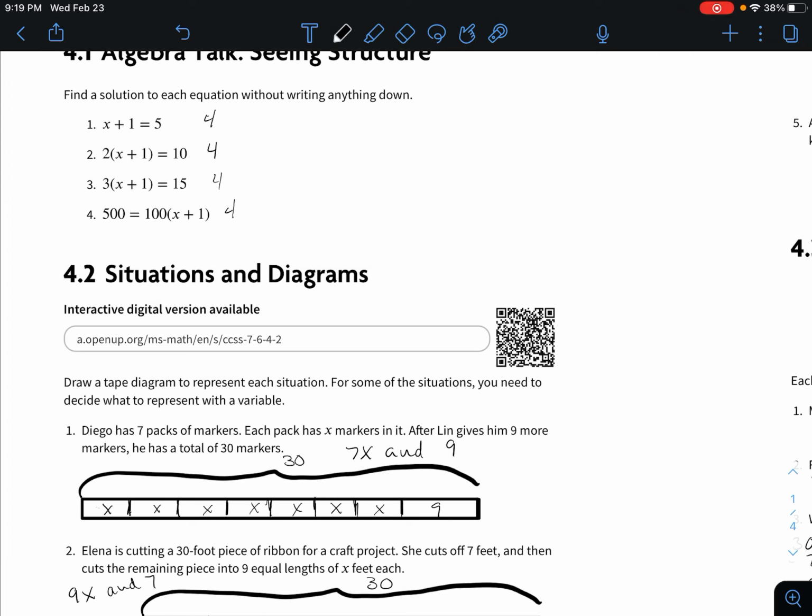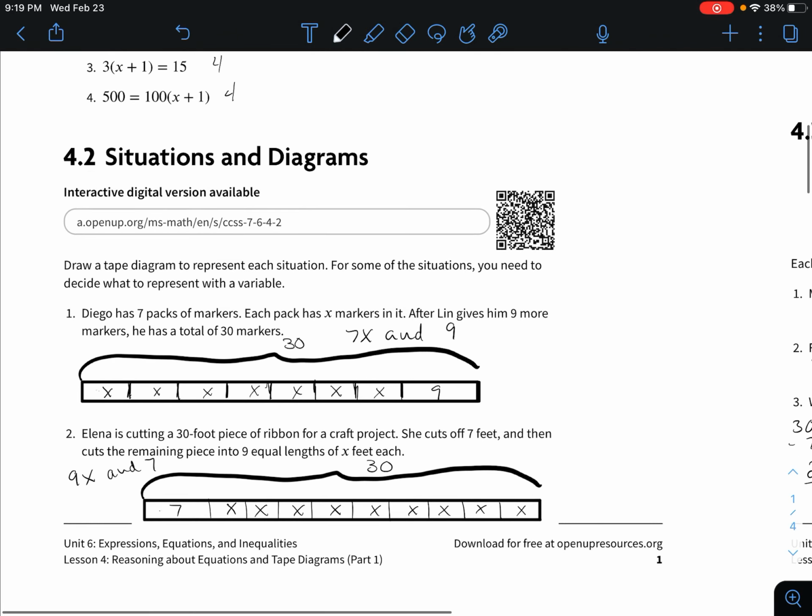Okay, so there's 9 sections that are all the same dimension of X, so there should be 9 X's on our tape diagram, and then 1 chunk of 7. Okay, the total length of this tape diagram is going to be 30, and that should all be in feet. So there we've got the 7 that she cuts off right away, and then you notice there should be 9 X's all the same length.